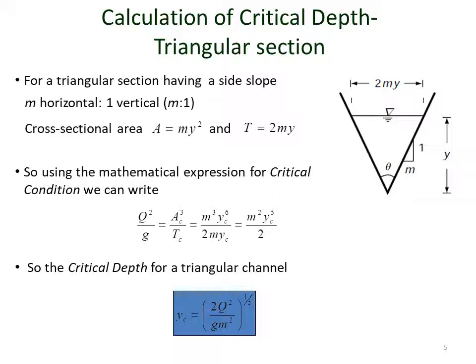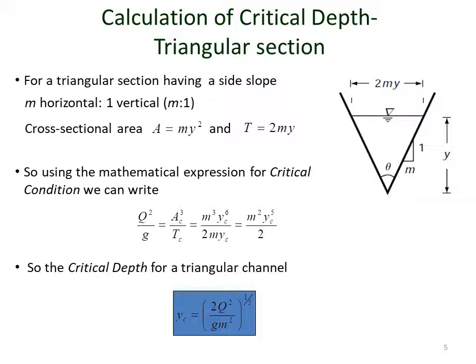And so in that case, if the side slope is m:1, the cross sectional area here is given as capital A is equal to small m into small y square, and the top width is given as capital T is equal to 2my. So again, what we are going to do is invoke the classical expression for the critical condition for flow in open channels.